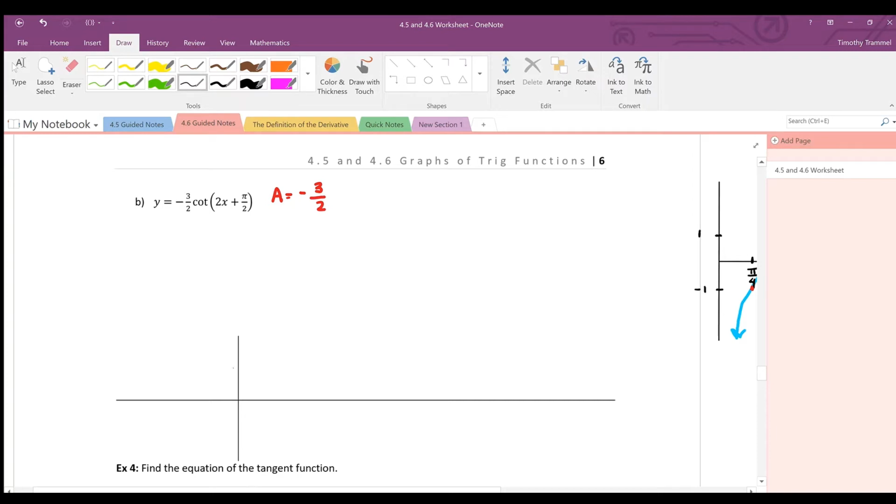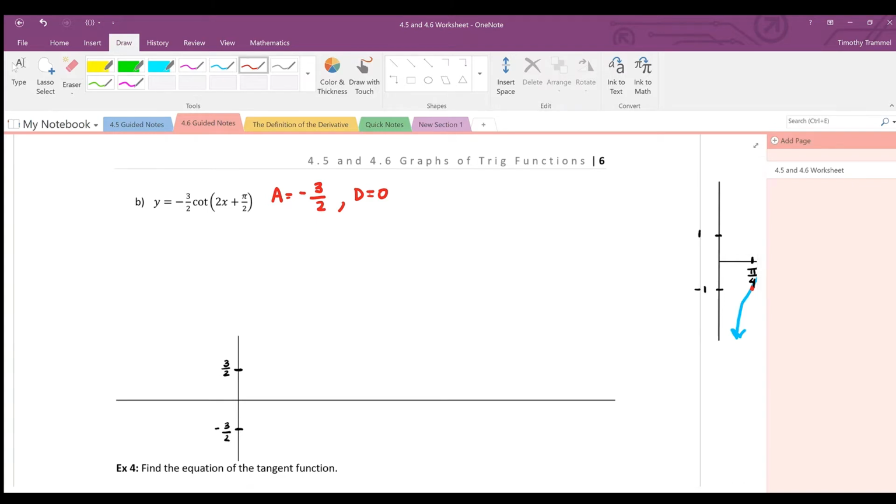Let's say that looks about right. And this is 3/2 and minus 3/2. And before I actually wrote in my tick marks, I should have also pointed out that D was equal to 0, so there was no vertical shift. Okay.